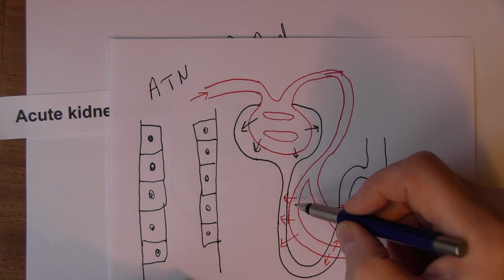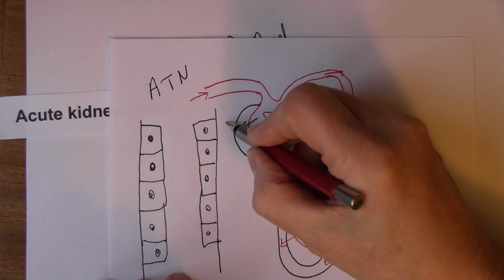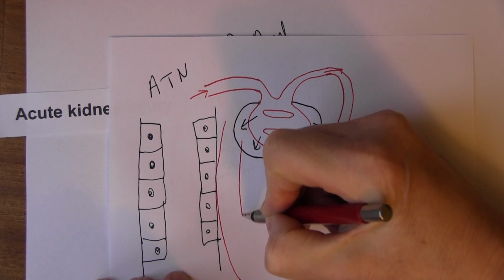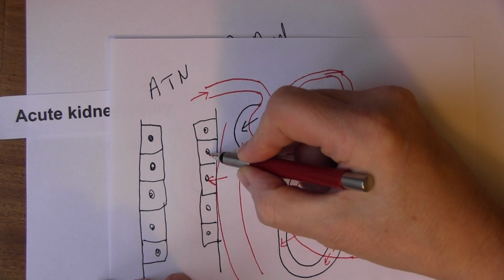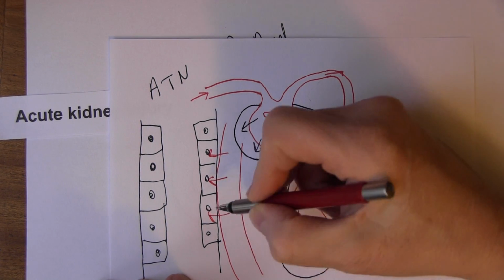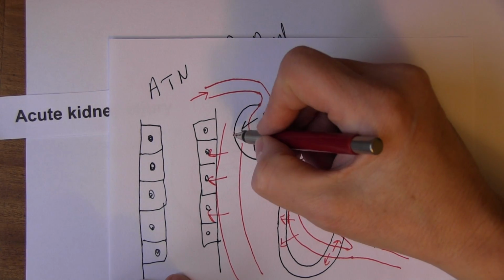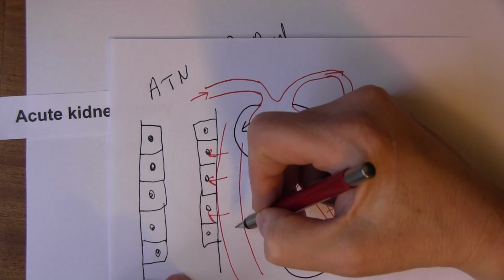And when the blood supply is reduced, so here will be the capillary, taking blood to this area of the tubule. Normally it's getting its oxygen from that blood going through this capillary. But now there's reduced amounts of blood going through here because the kidneys are hypoperfused because of the hypovolemia.